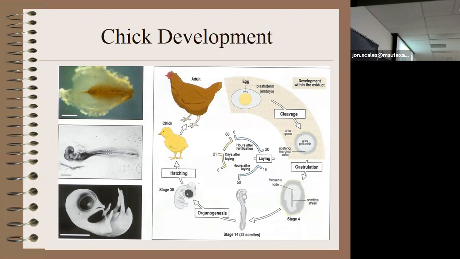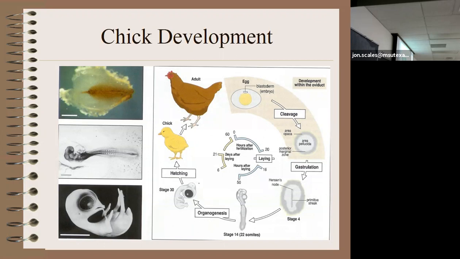It doesn't. So fertilization happens in the oviduct before the eggshell is actually produced, and then as the egg travels through the oviduct, it picks up the egg white, the albumin, and it eventually picks up the shell, calcifies the outer layer. Well, all during that time, the embryo is already developing because fertilization happened before that.